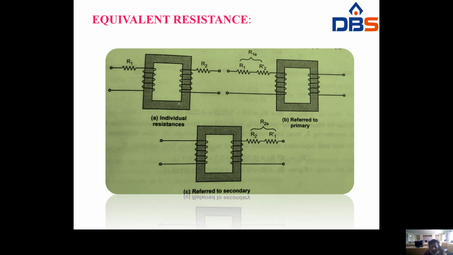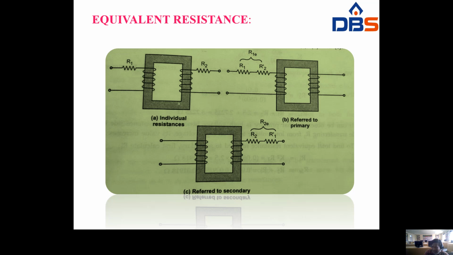Now look at the figure. The individual resistances are R1 and R2. Referred to the primary means the primary resistance is kept in the same manner, but the secondary resistance is transferred to the primary, that is R2 comes to this side in the form of R2 dash. The combination of these two is R1 equivalent. Referred to the secondary means the primary is transferred to the secondary, that is R1 dash.